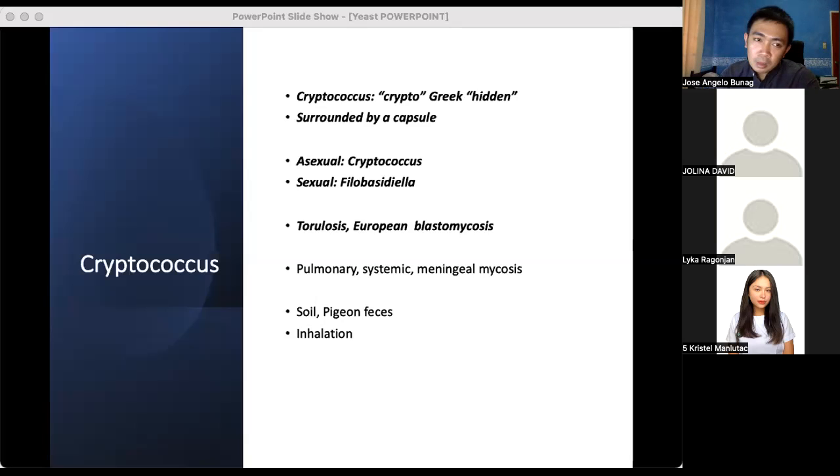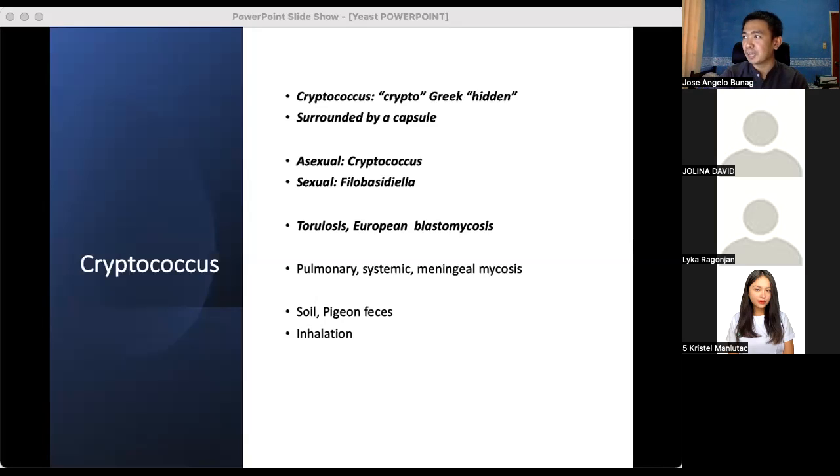And the diseases associated with your Cryptococcus species are your torulosis, European blastomycosis.